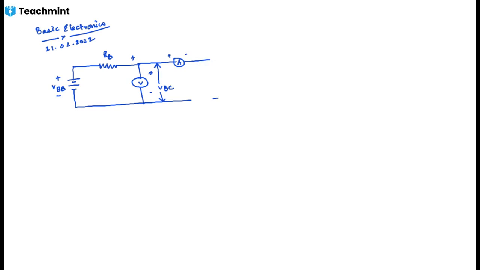This is the pin, our transistor, NPN transistor. This is the collector current, IC, which is connected to the ground. Here, this is the IB. This is flowing this side.